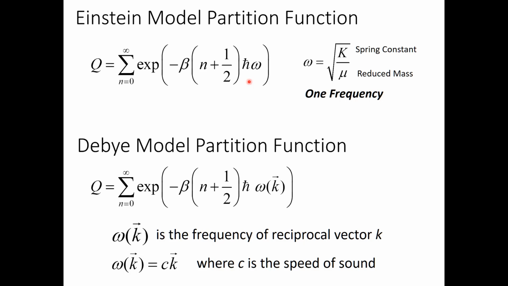In the Debye model, we have essentially the same expression, but now we replace omega with omega of k, where omega of k is the frequency of the reciprocal vector k, and omega of k equals c times k, where c is the speed of sound.